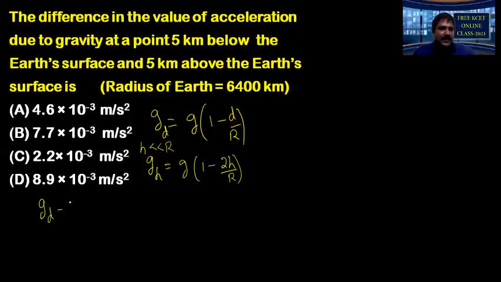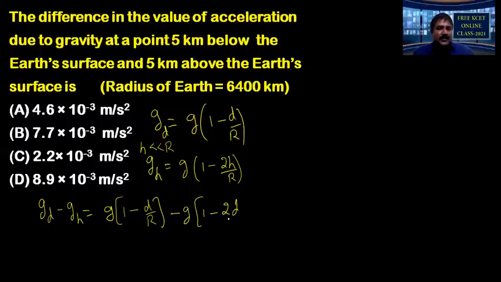So GD minus GH. Okay, so G is common. Directly also you can write, or one step I will write D by R, minus G times 1 minus 2H. I write it as D only because it is the same 5 kilometer, 5 kilometer. Otherwise you have to take the H value H only, D value D only if they are different.